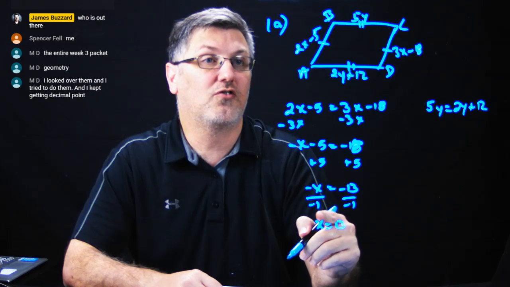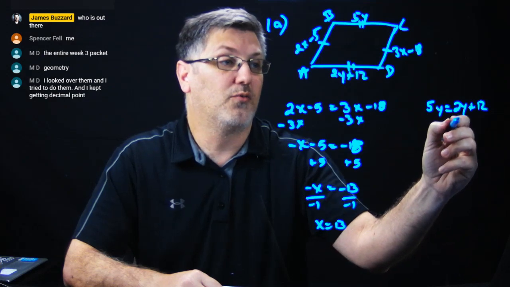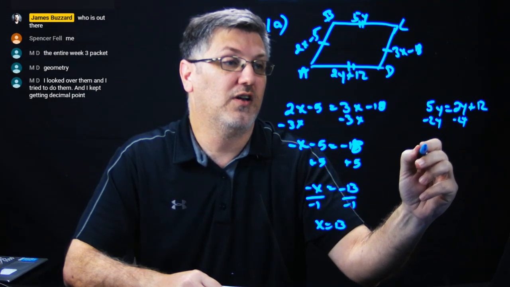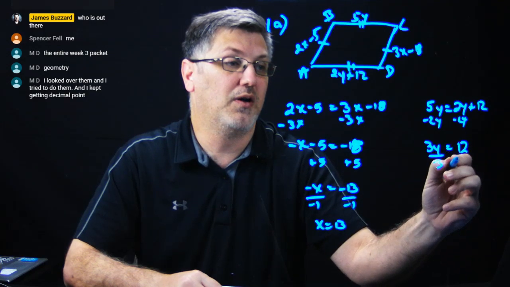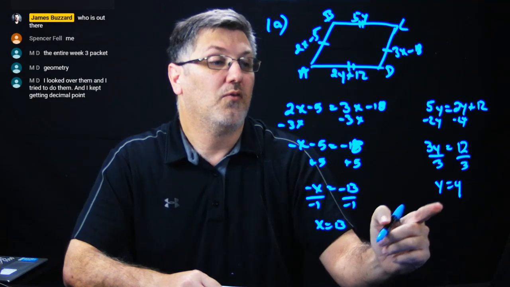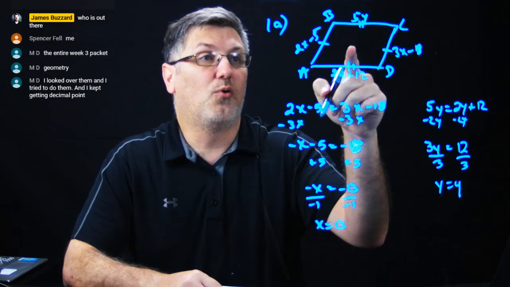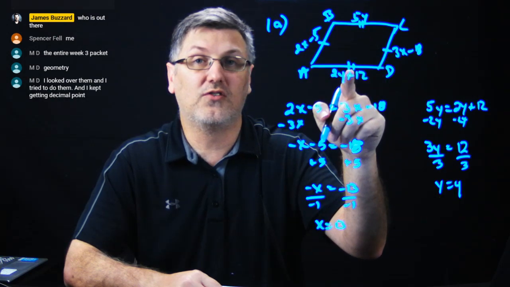So when x is 13, these 2 sides are congruent. Over here, subtract 2y from both sides: 3y equals 12. Divide by 3 and y equals 4. So if x is 13 and y is 4, this is a parallelogram, because these 2 opposite sides are congruent, and these 2 opposite sides are congruent.